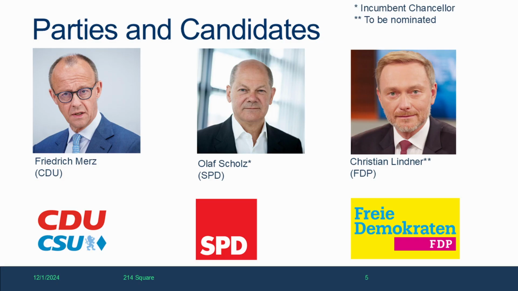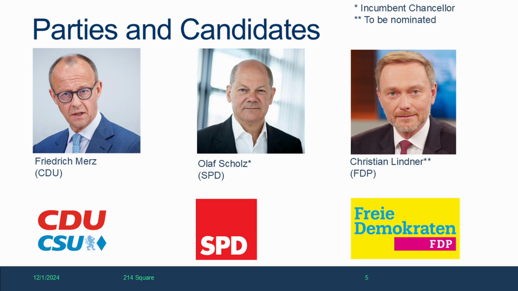Let's talk about people in the election. These are Friedrich Merz of the CDU and the CDU-CSU faction. CDU-CSU, there's a little difference because the CSU is only a party in Bavaria. It is not electable anywhere else in Germany, only in Bavaria. CDU is everywhere where you don't find CSU.